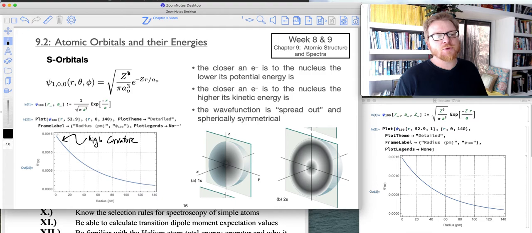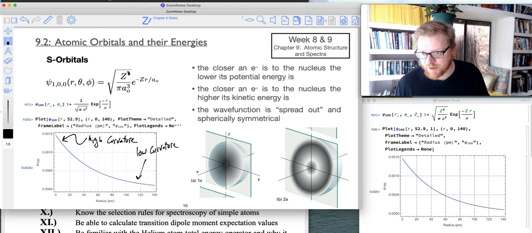So up in this region, the closer the electron is to the nucleus, the higher is its kinetic energy. As it gets farther away, this region of low curvature indicates that its kinetic energy is becoming very low, but its potential energy is becoming very high.